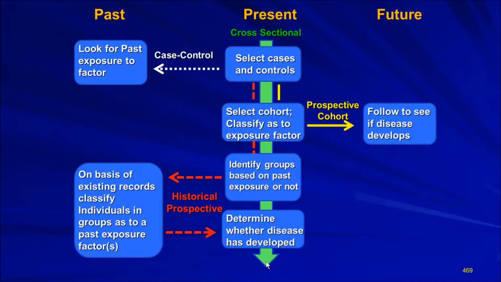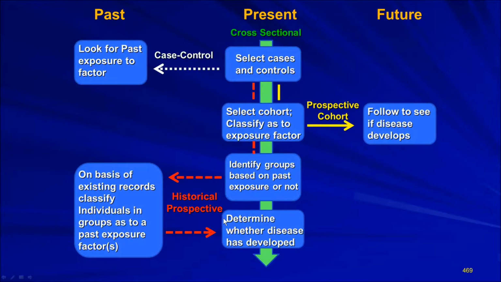Now, a case control study. We select cases and controls in the present. Okay? I want to make a point here. It's not time that distinguishes a case control study from a historical prospective study. It's not time that makes that distinction.